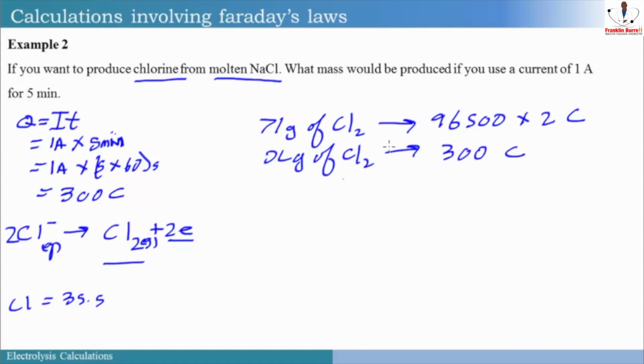So again, we will cross multiply. When we cross multiply, we will see that X grams of chlorine will be multiplied by 96500 coulombs times 2, which is 193,000. And that would be equal to 71 grams times 300 coulombs.